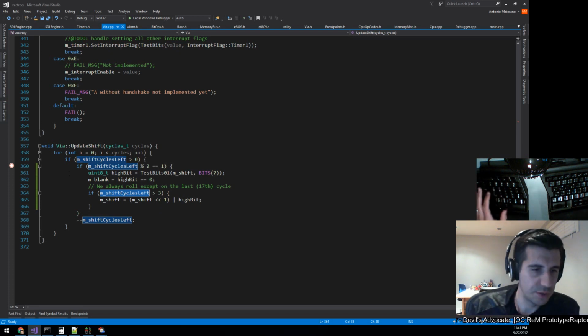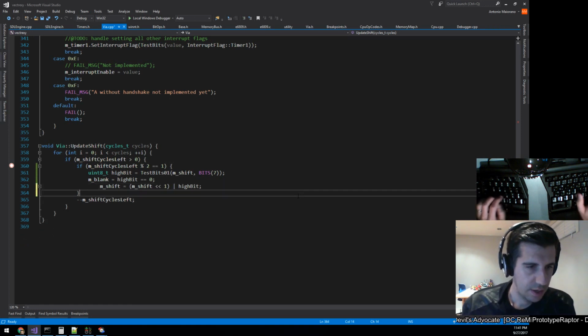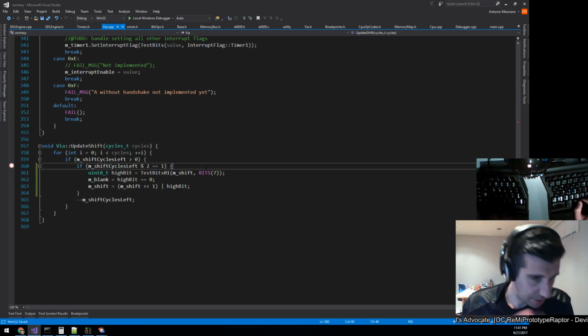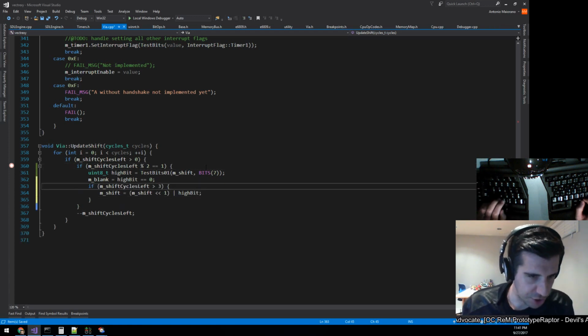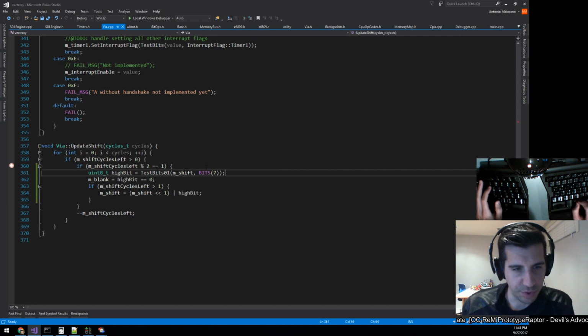So another way to do this, that probably is cleaner, is to go like, we always shift, although we actually don't want to shift when it's like this, but then the bit we read depends on whether or not we're doing the last cycle.